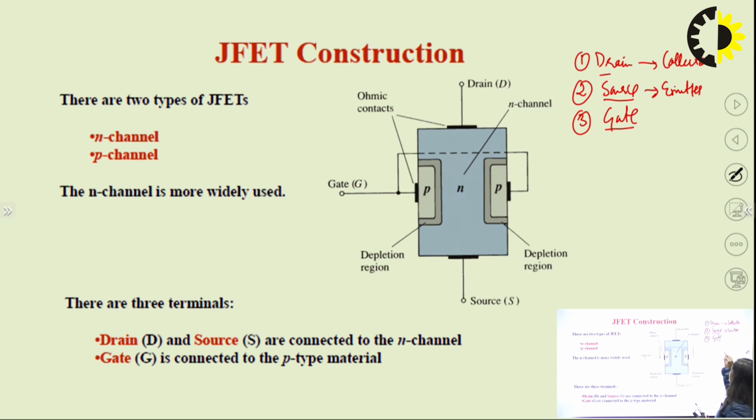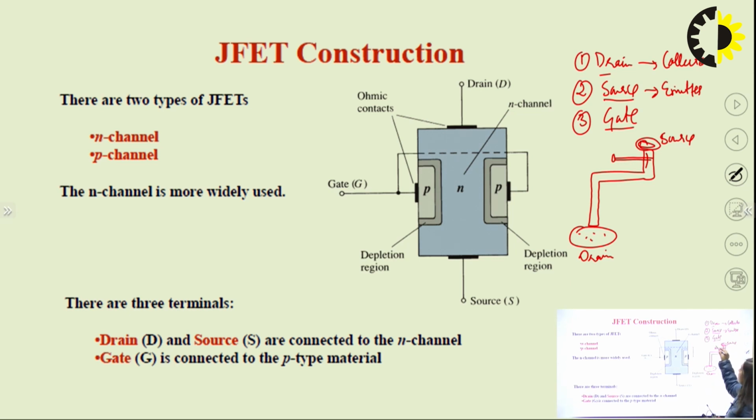We can understand this by taking an example of a tap. This is a tap through which water is coming. This part is the source where water is coming, and here water is collecting at this point. So this is the drain, and we can apply a gate here through this valve. If we screw this valve, it will narrow this passage and the water supply will reduce.